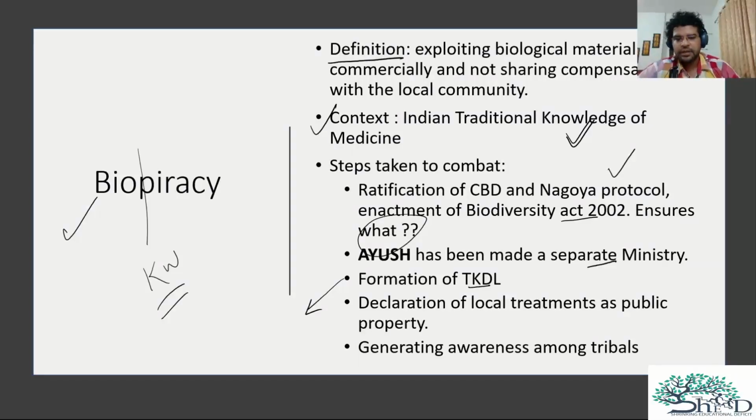This is the benefit of the Traditional Knowledge Digital Library. They have converted the text from Sanskrit, Urdu and so on to English and transformed it into a digital library.